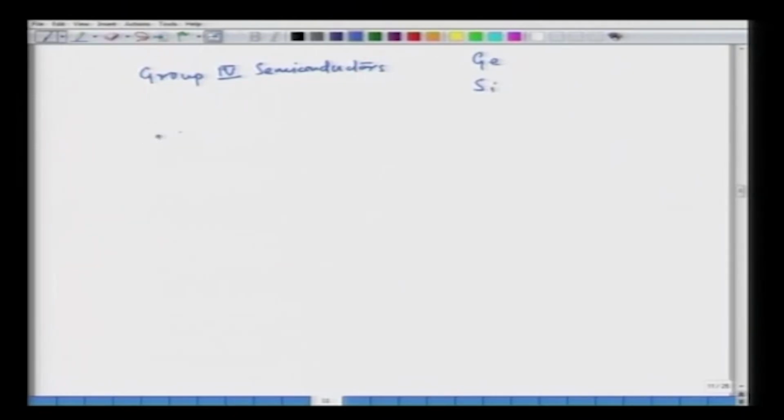Then we have group 2,6 semiconductors, in which we have zinc sulphide, zinc selenide, cadmium sulphide, cadmium selenide.